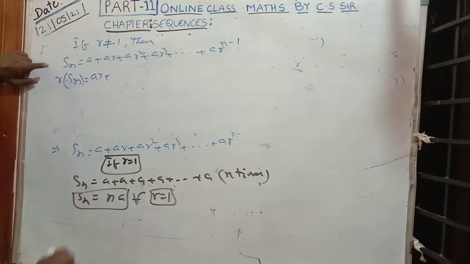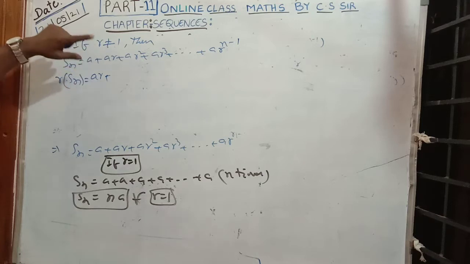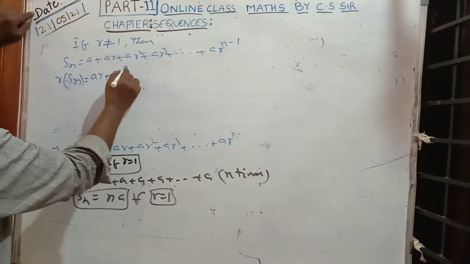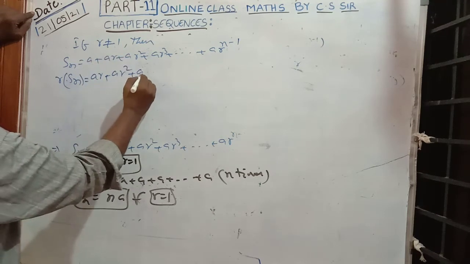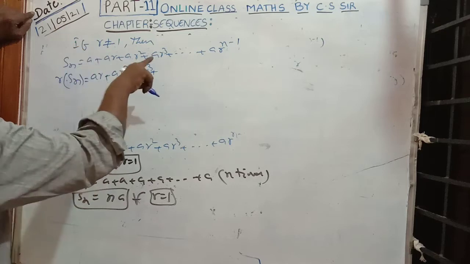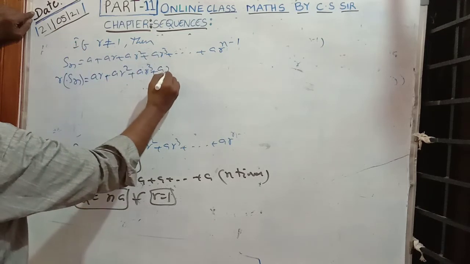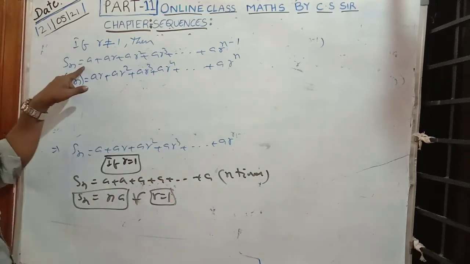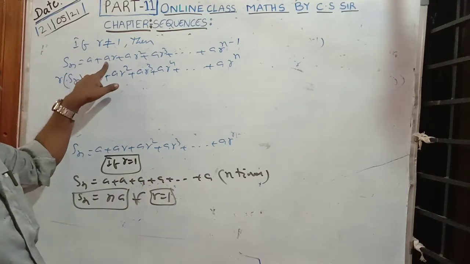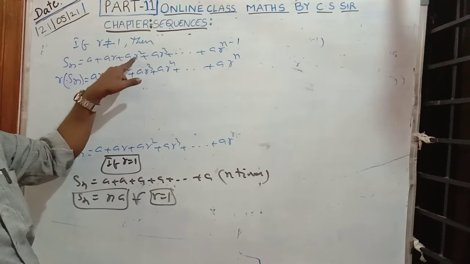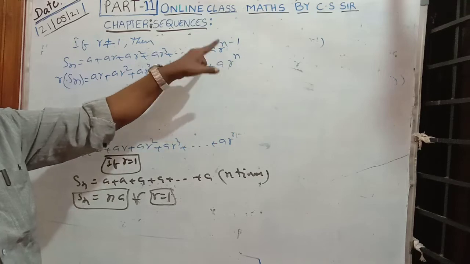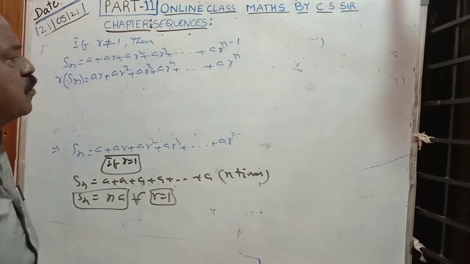On the RHS each and every term is multiplied by r: ar into r is ar^2, ar^2 into r is ar^3, ar^3 into r is ar^4, and it goes on. Like this, r into ar^(n-1) is ar^n.